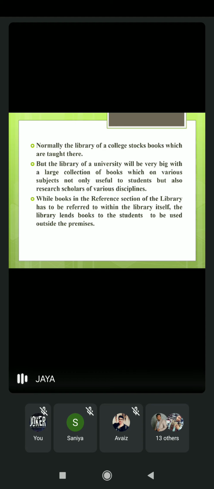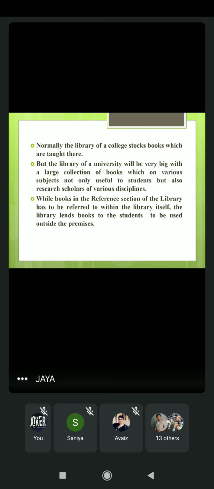In the reference section, the textbooks cannot be given to any outsider, because they are costly and it is very difficult to get those textbooks back. That is why certain textbooks are not given to the general public.